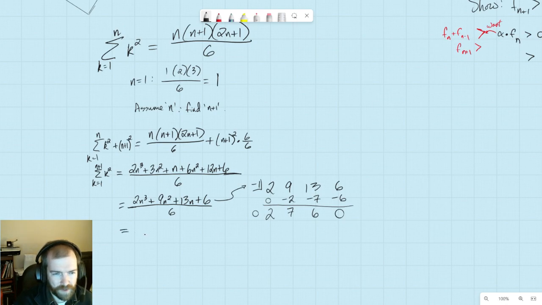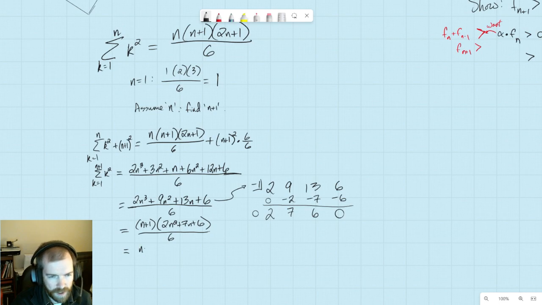So this says that we're going to end up with n plus 1 times 2n squared plus 7n plus 6 all over 6. Okay, which is equal to n plus 1 multiplied by, and we can factor again, this should be a -2 factor that we're taking out.